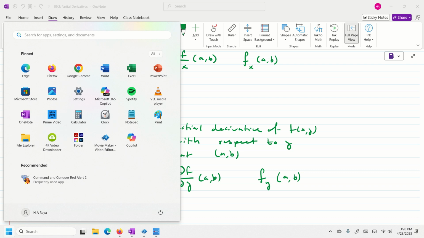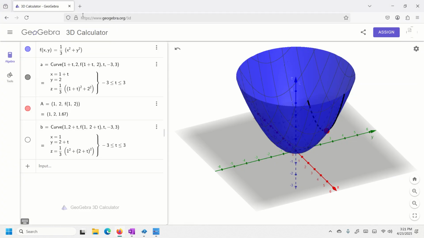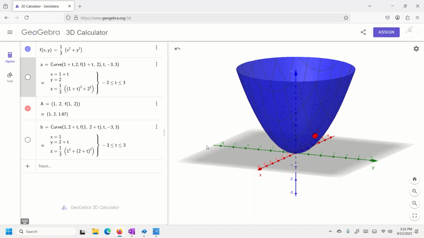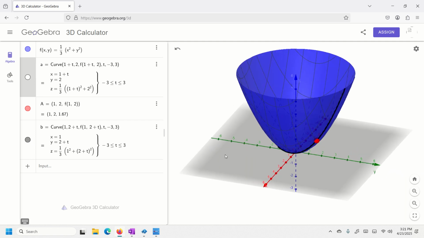Back to GeoGebra 3D. If I'm considering the curve that holds the x to be constant and allows the y values to range, I have this collection of points.